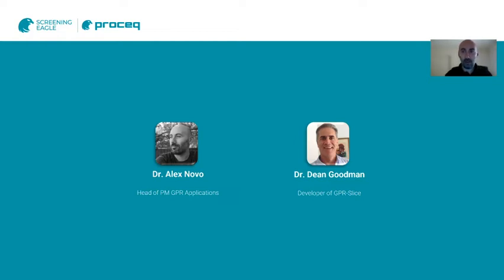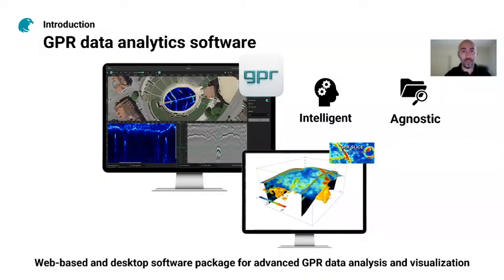So I will be talking more about the GPR Insights portion, although I'm going to be touching some points on GPR Slice briefly, more introductory ones, and Dean is going to focus on advanced features. As you may know, Screening Eagle Technologies acquired GPR Slice last year in November, and we now offer both as one package, one subscription. So you have a web-based and a desktop software package for advanced GPR data analysis and visualization.